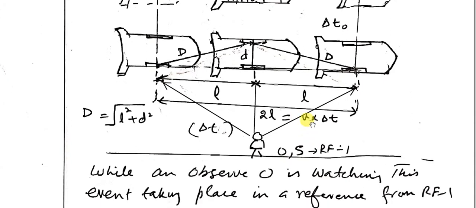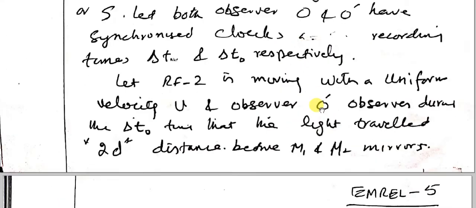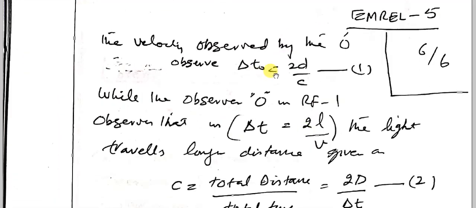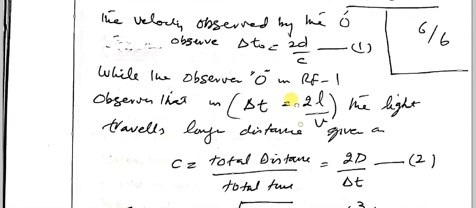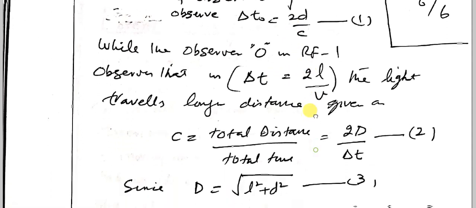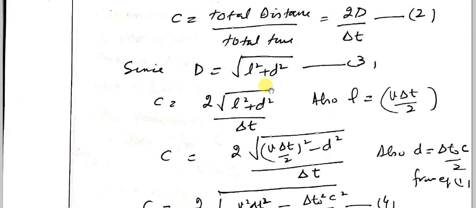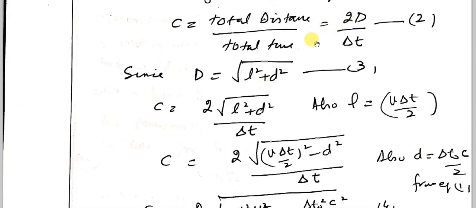That's how delta t is 2L by v. So putting in the respective values, with the value of d being the square root of L squared plus d squared, c is given by 2 times the square root of L squared plus d squared divided by delta t.